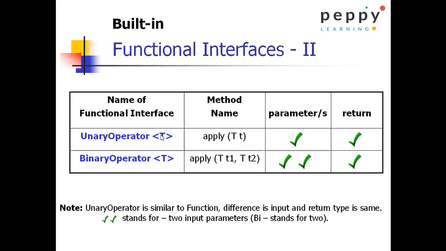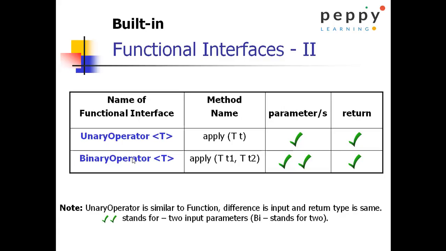Next, you have two more special functional interfaces called UnaryOperator and BinaryOperator. UnaryOperator is similar to Function, however, the input parameter and the return type are the same. So here in the UnaryOperator, let's say for T, if I pass an Integer, the method will accept an Integer parameter and the return type will be Integer.